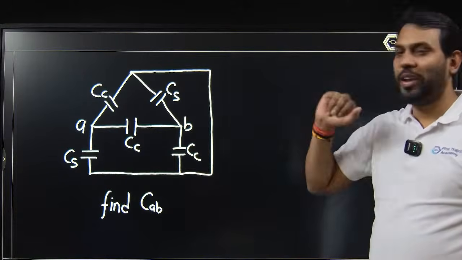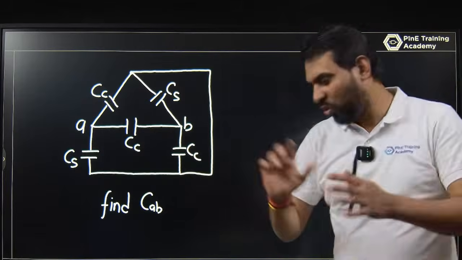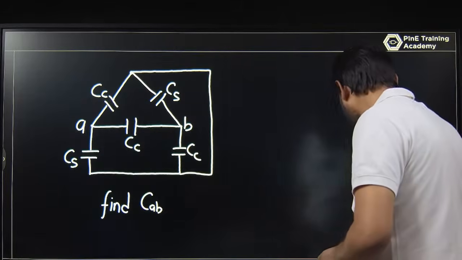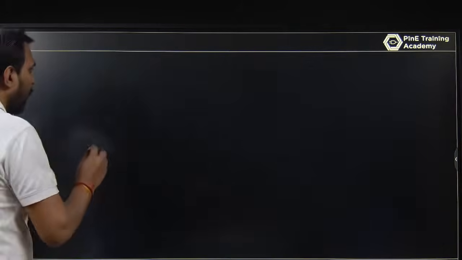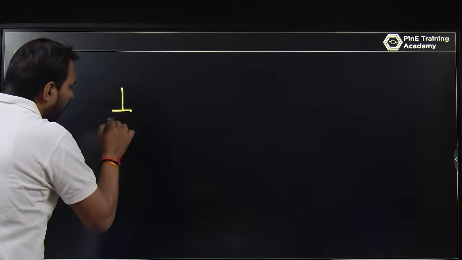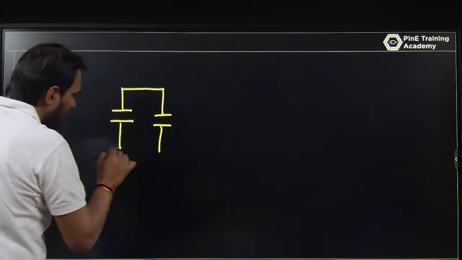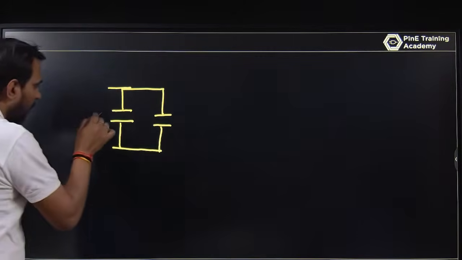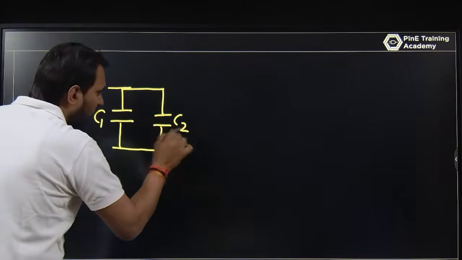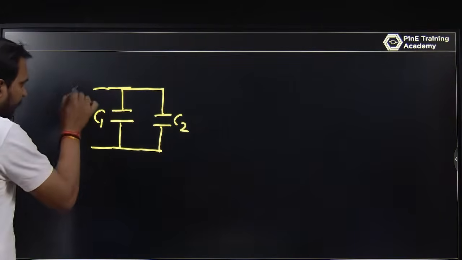Okay, now let's talk about the capacitor. I am not going too deep, just writing in this way. What is the meaning of capacitor? If capacitors are in parallel, let this be C1 and this be C2. So what is CAB?